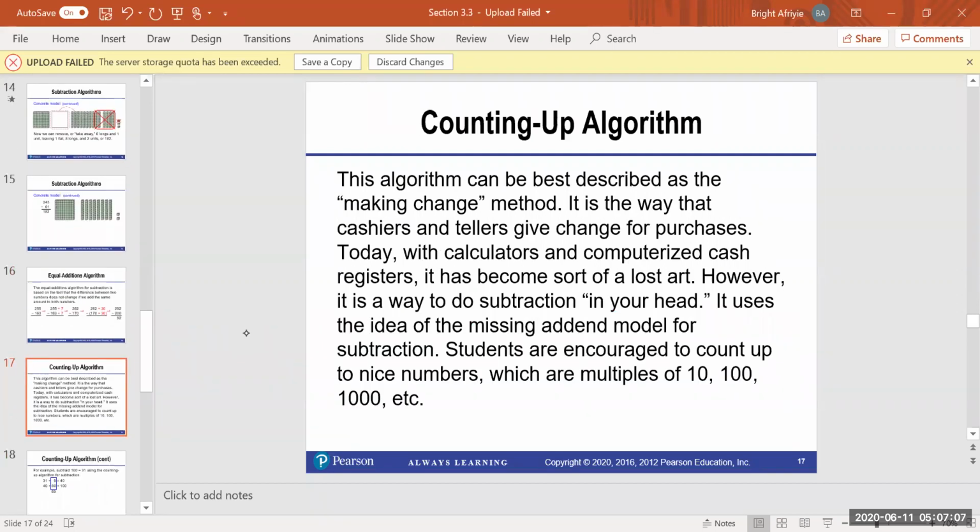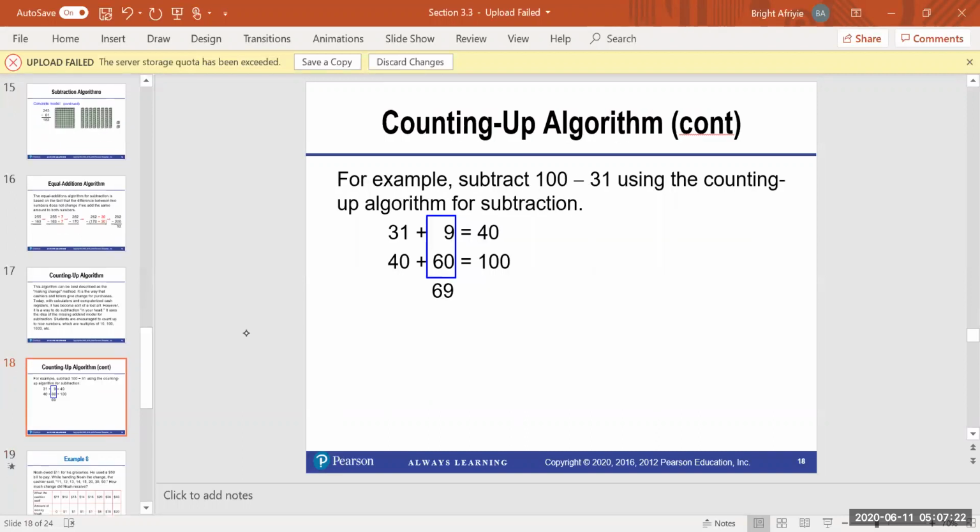And the counting up algorithm, you can look at how that works. So these are the instructions, how you go about using the counting up algorithm. It works more like the counting on algorithm we looked at in the addition. Is that okay? And this is an example of the counting up algorithm.